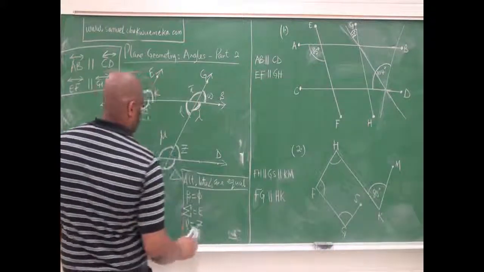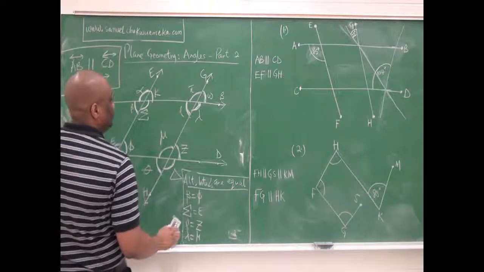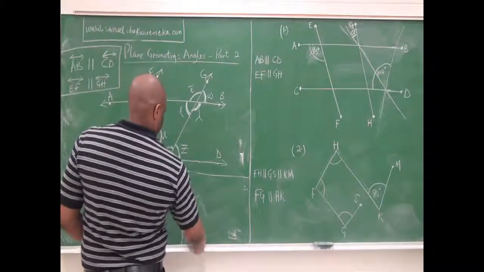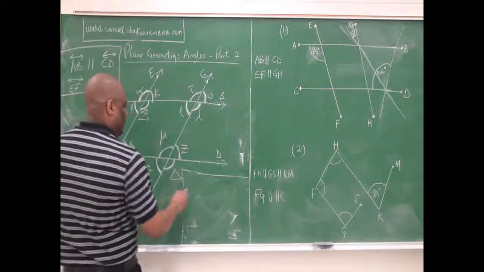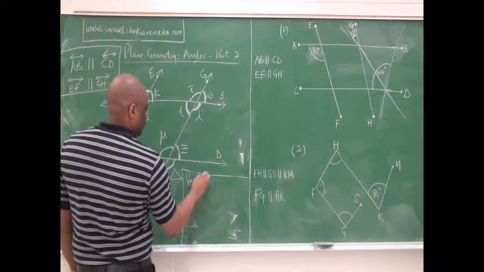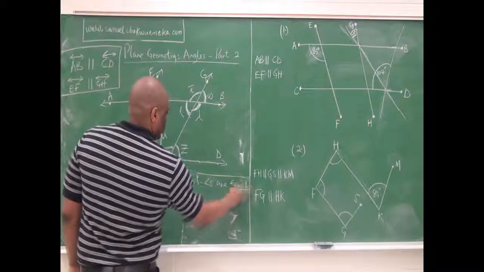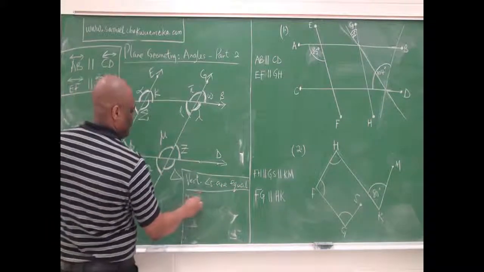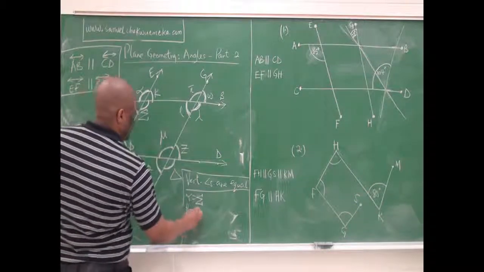Alright, now let's go ahead and do vertical angles. Vertical angles are equal. So what do we have as the vertical angles? Alpha is equal to sigma. Beta is equal to kappa.